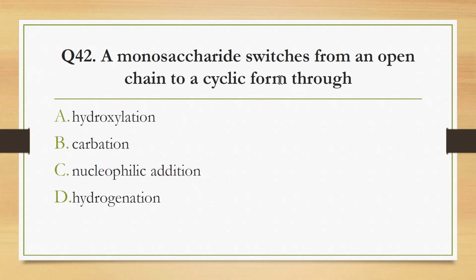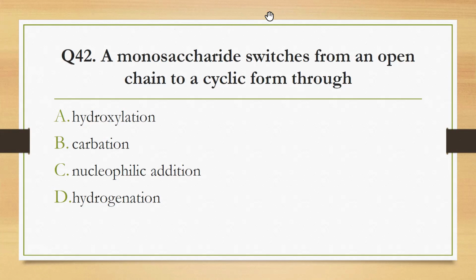A monosaccharide switches from an open chain to a cyclic form through hydroxylation, hydration, nucleophilic addition, or hydrogenation.